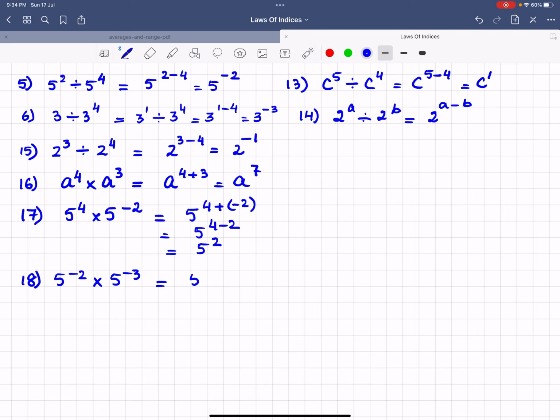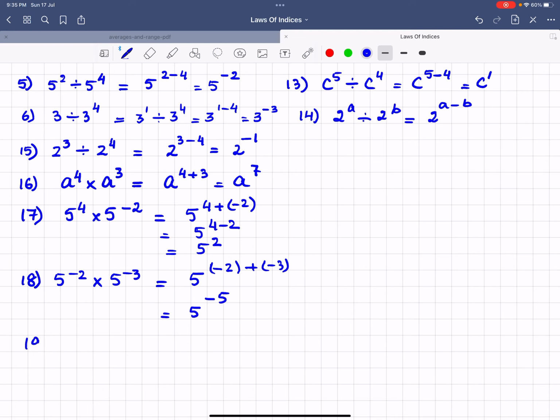Both numbers in the power are negative numbers. When we add up negative numbers, we just need to add them and write them with the minus sign. So we have minus 2 add minus 3. We just add the numbers and put the minus sign. So we have minus 5.